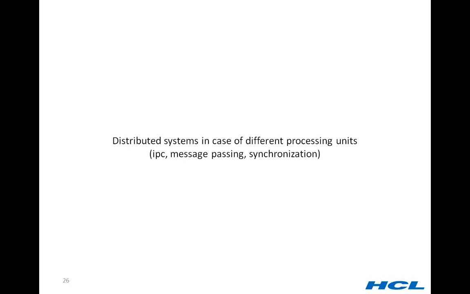Message passing, this is between these units, like how they are going to synchronize, how they are going to exchange information between them. For exchanging information between these processing units, you have various infrastructure supporting that. One of them is message passing, and of course you need to have certain synchronization principles.